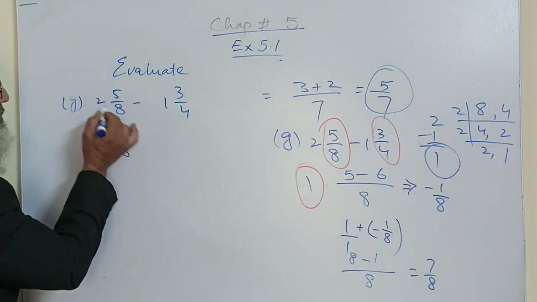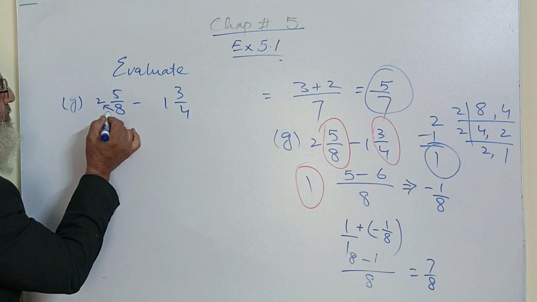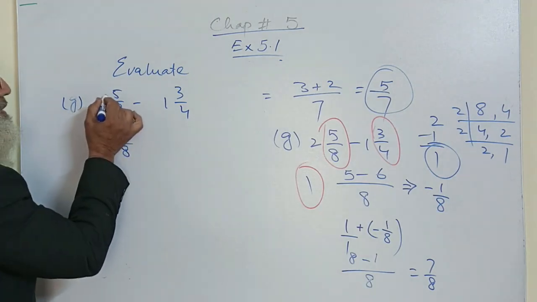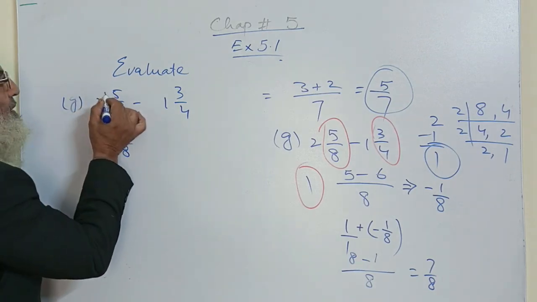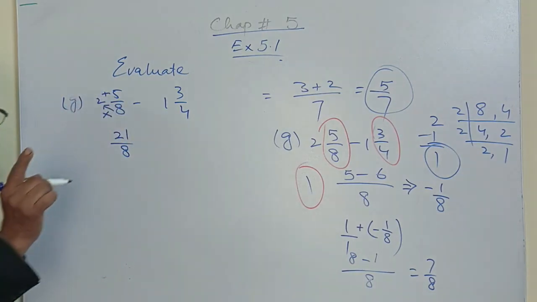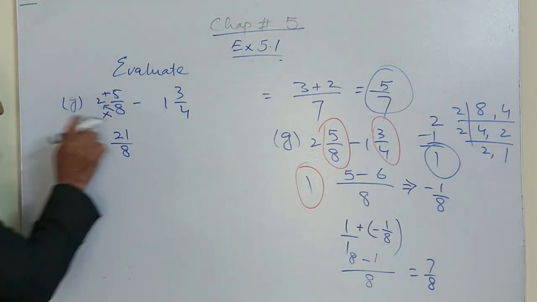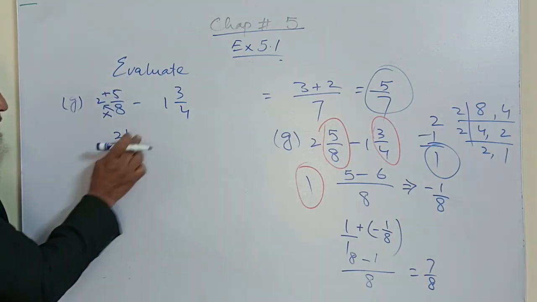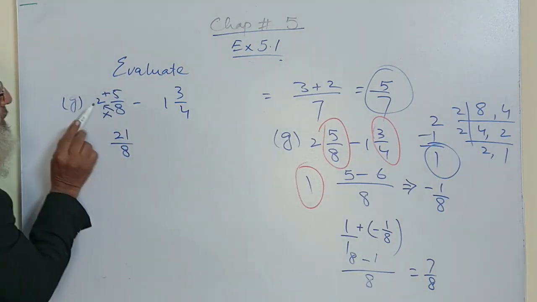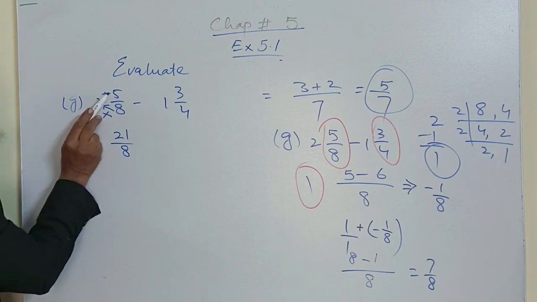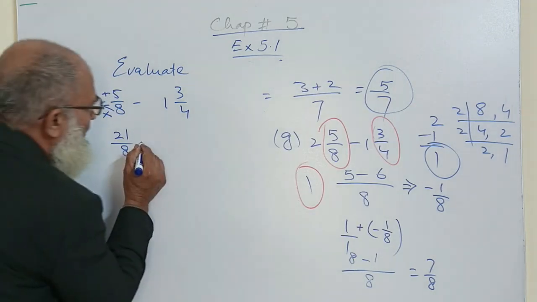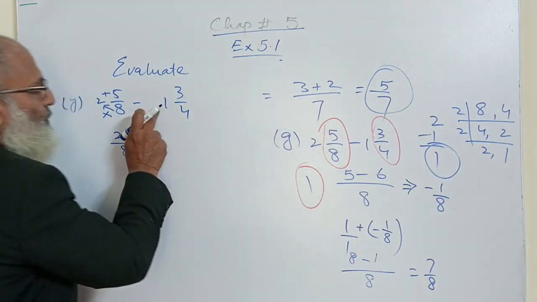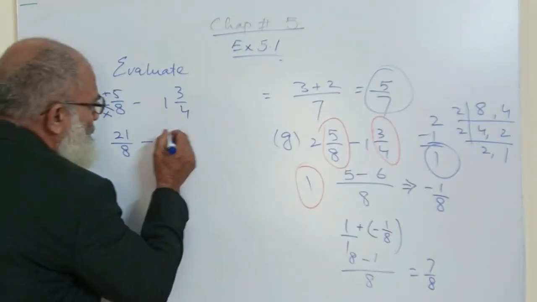Multiply this with this, and then add the result. Add the result whatsoever has come from here with this 5. It will become 21 upon 8, minus 4 1 times 4, 4 plus 3, 7 upon 4.